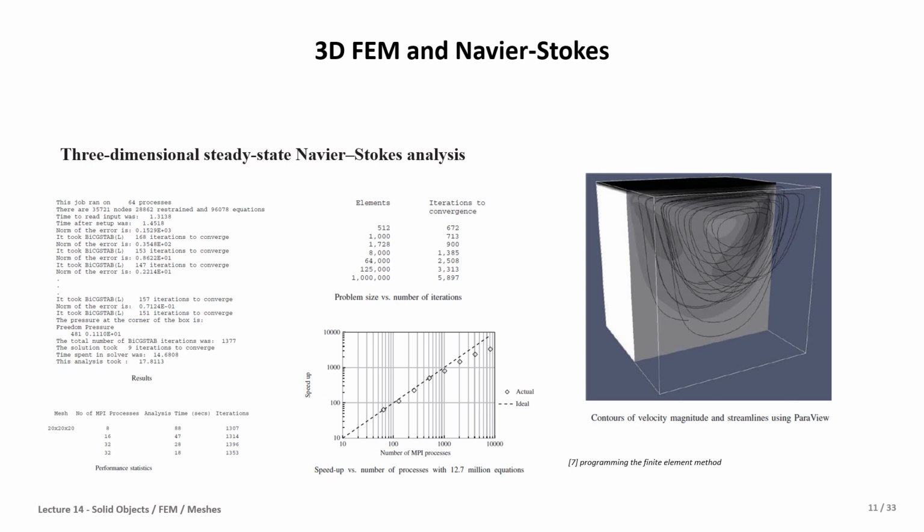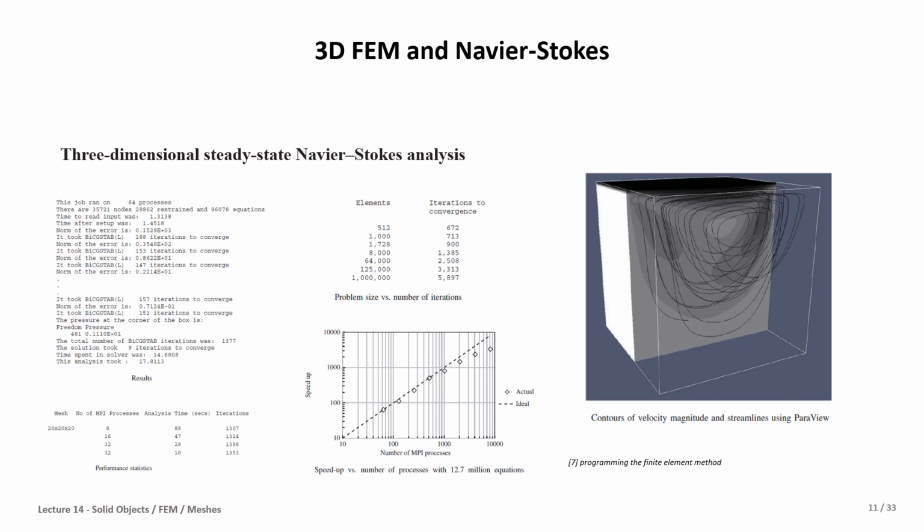As you can see, a different number of elements needs a different number of iterations to converge. From the result, it seems they used a 20, 20, 20 mesh, and the number of MPI processes changed with 8, 16, 32, and 32. And we see about constant iterations as the number of processes changes for this problem.